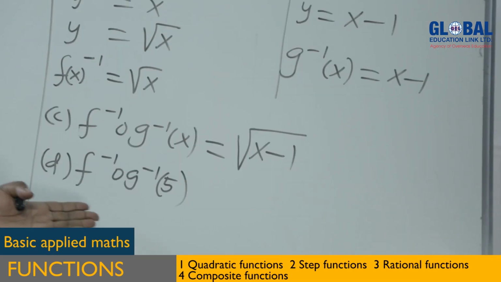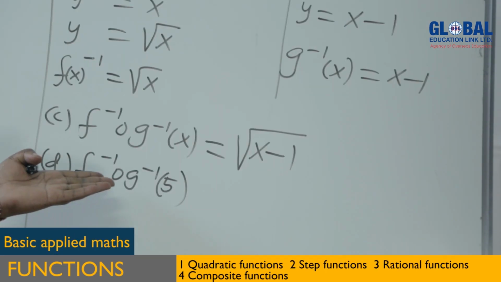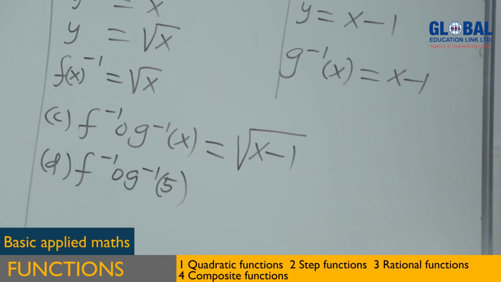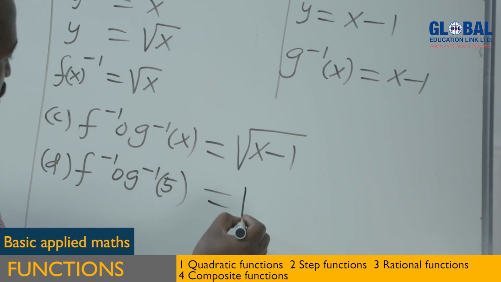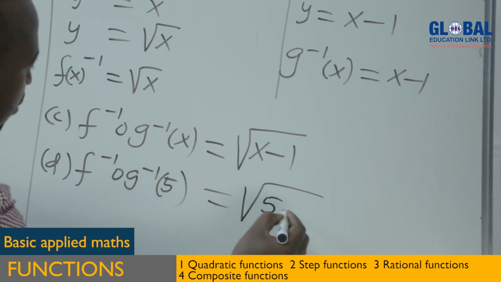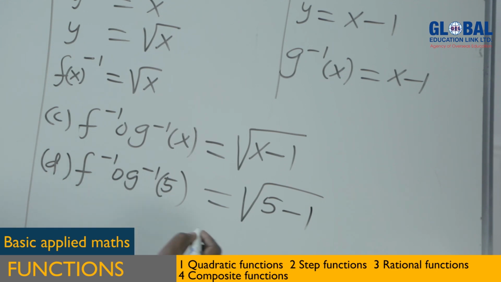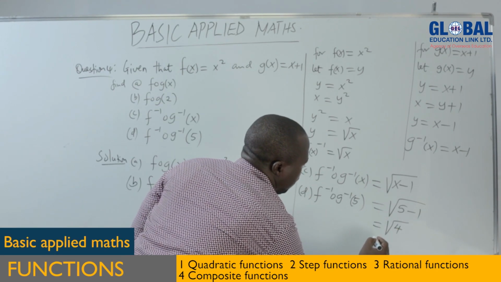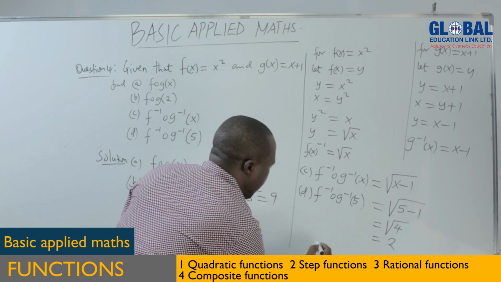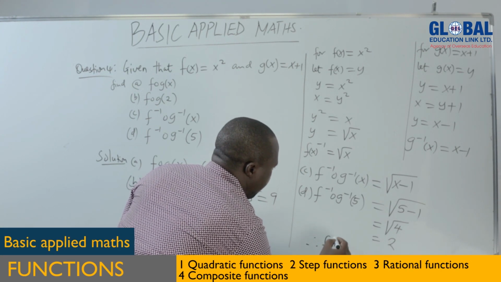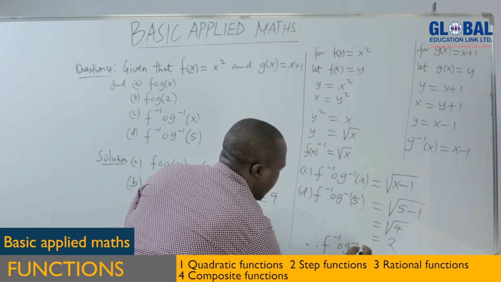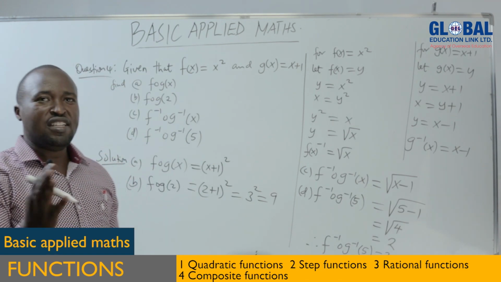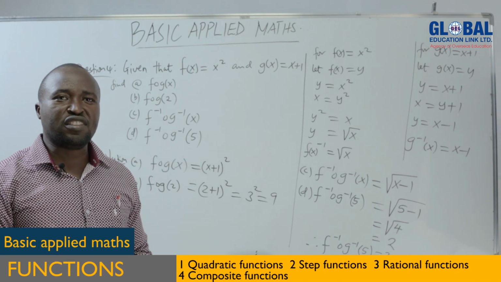So if x is equal to 5, this is equal to the square root of 5 minus 1, which is equal to the square root of 4, which is equal to 2. Therefore, f inverse of g inverse of 5 is equal to 2. Now, my dear student, this is what we call the composite function.